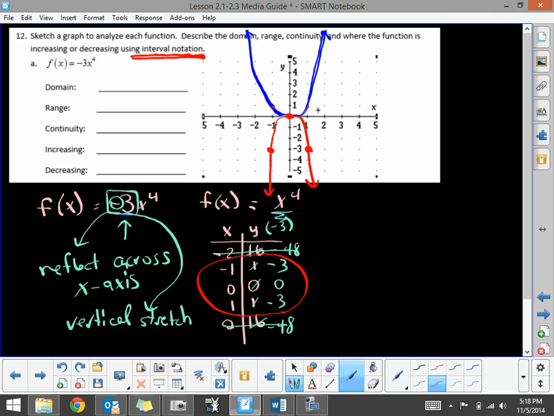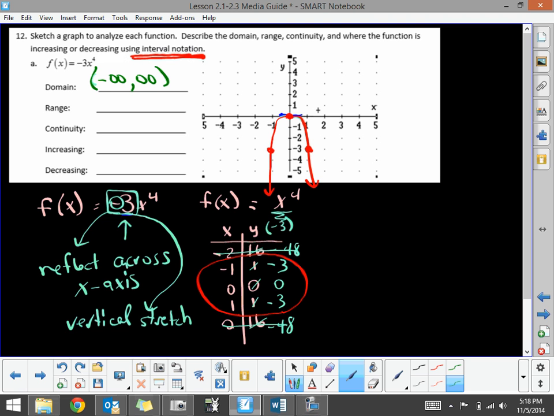What is its domain? So I don't have any confusion, the graph that we're looking at is this one right here. There is no restriction on our domain, so we're going to go from negative infinity to infinity. We're not dividing by 0, and we're not taking the square root of a negative, so that opens up our entire domain to inputs.